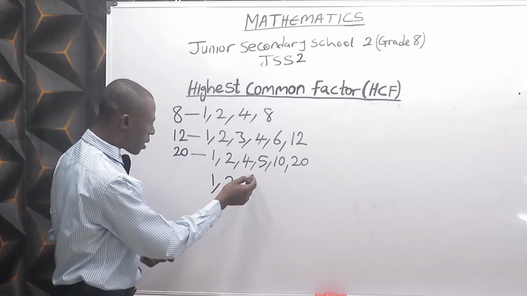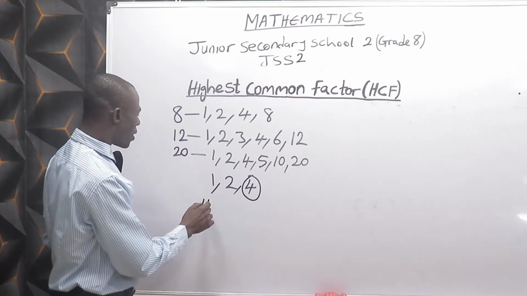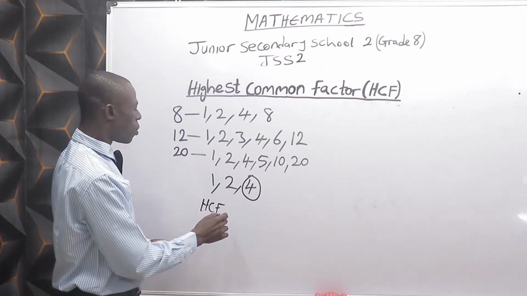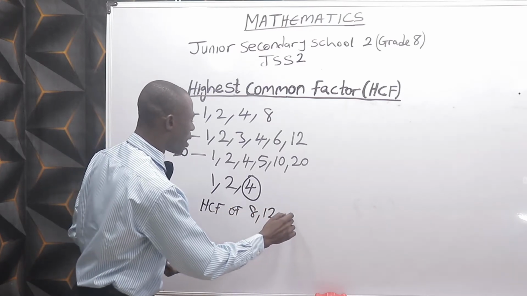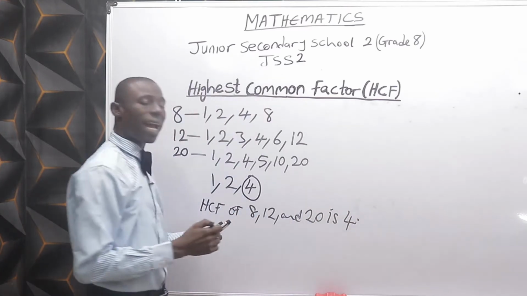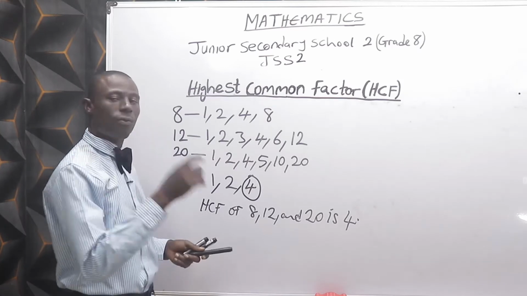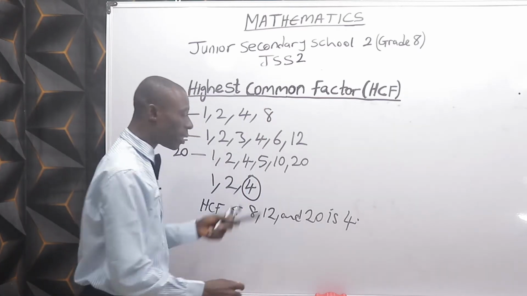The highest one is 4. That is why the HCF of 8, 12, and 20 is 4.